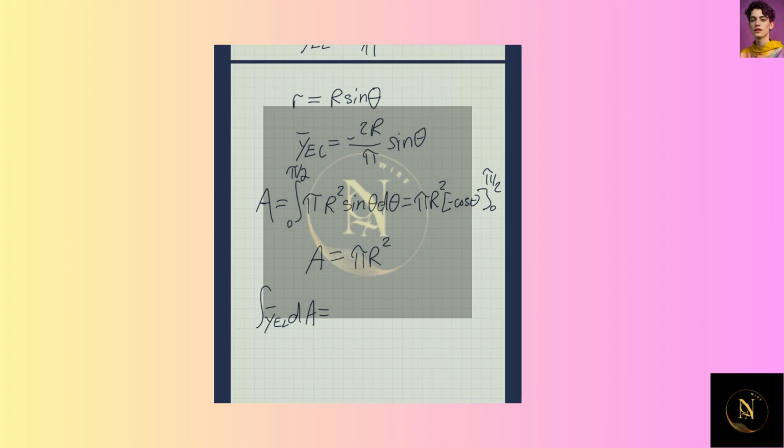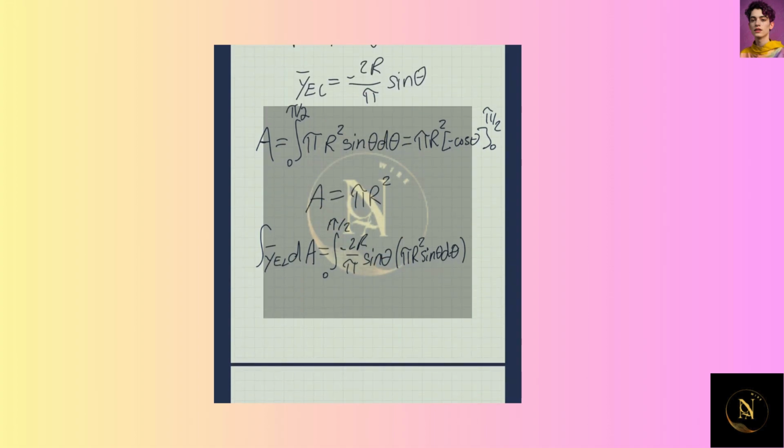Now we need the right side of our centroid equation, which is the integral of the centroid of the differential element. So we can plug in the centroid of the differential element we found, and then multiply it by our dA. That was the same one, the differential area of that slice.